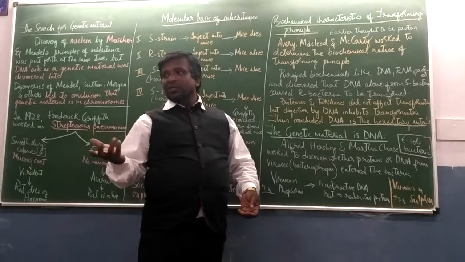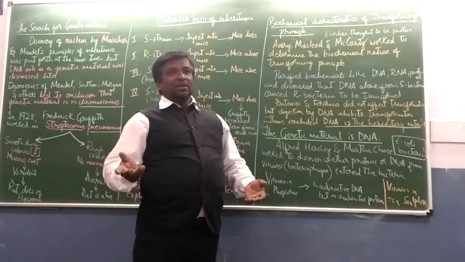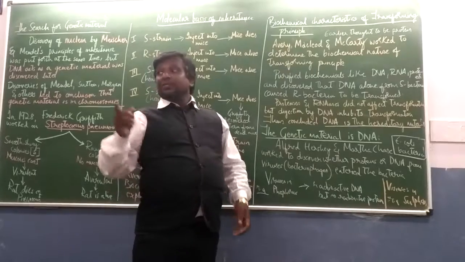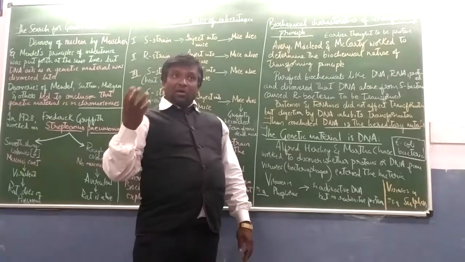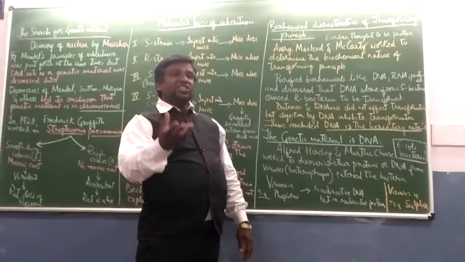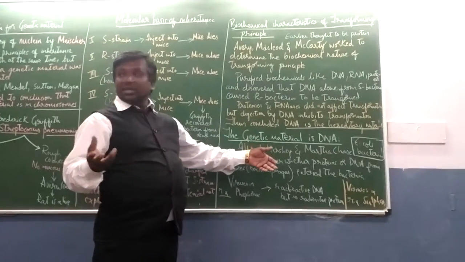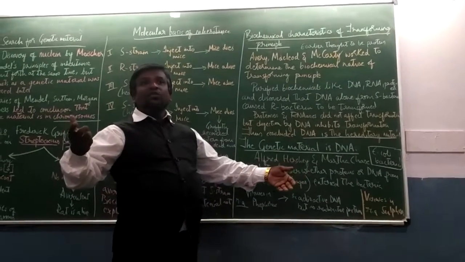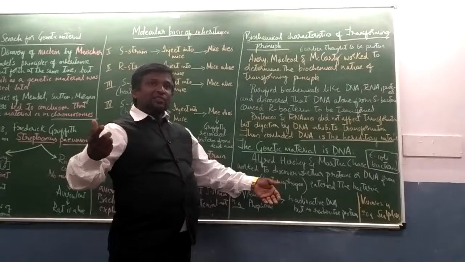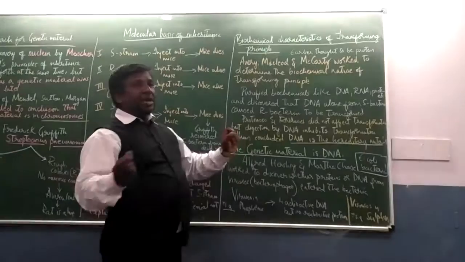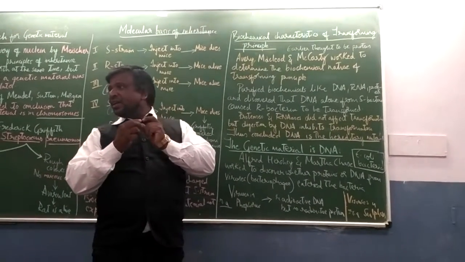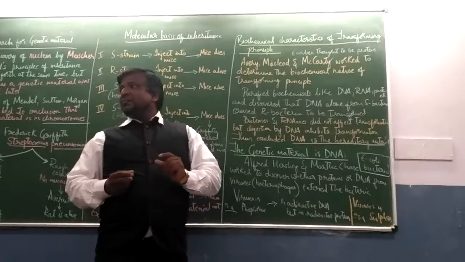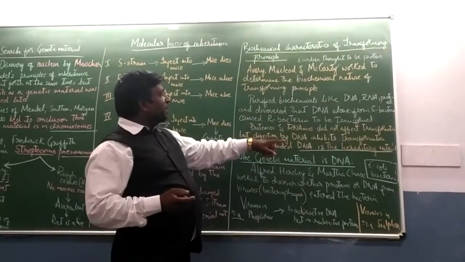R strain remained R strain. But when they introduced the DNA from S strain into R strain bacteria, R strain was transformed into S strain. So by trial and error they were able to shortlist DNA as the material which was the transforming principle.